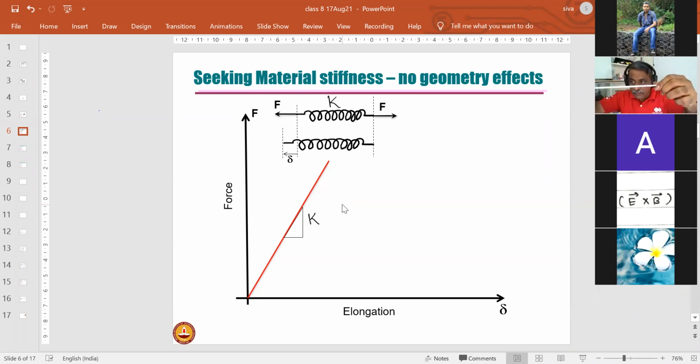The stiffness of this will become twice, correct? Why twice? Why twice? Two springs in parallel is fine.